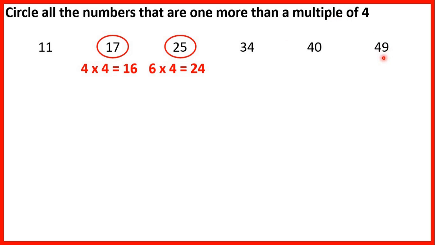And 49 is 1 more than 48, and 48 is a multiple of 4 because 12 times 4 is 48. So we need 17, 25 and 49 to be circled.